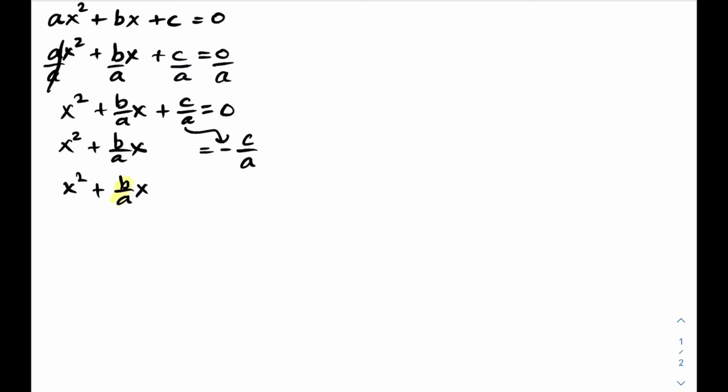In completing the square, we're taking the coefficient of the second term, b over a, dividing it by 2, and squaring it, and we're going to add it.